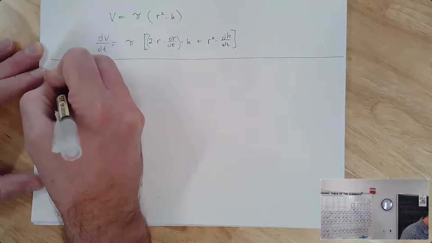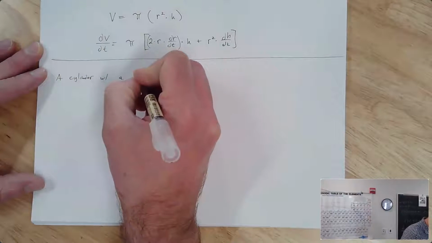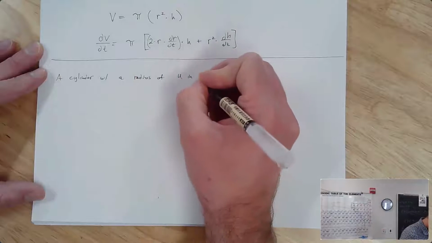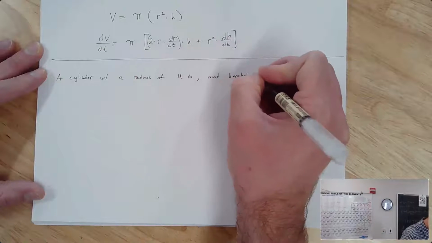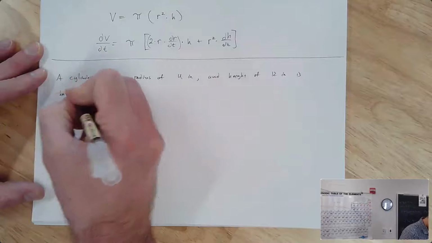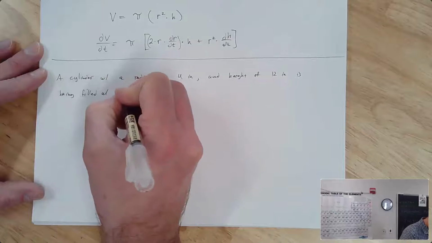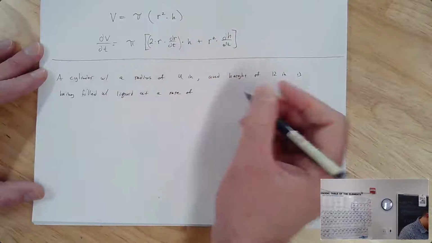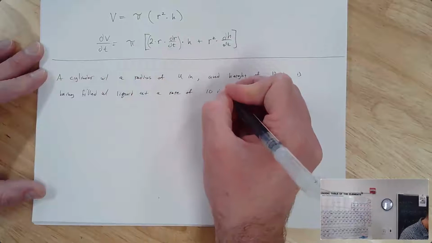A cylinder with a radius of 4 inches and a height of 12 inches is being filled with liquid at a rate of 10 cubic inches per minute.